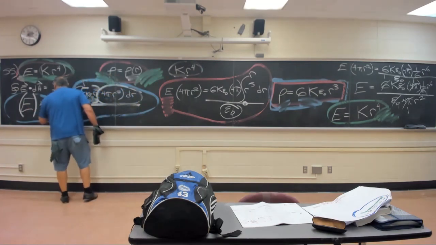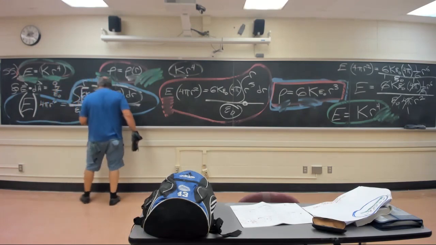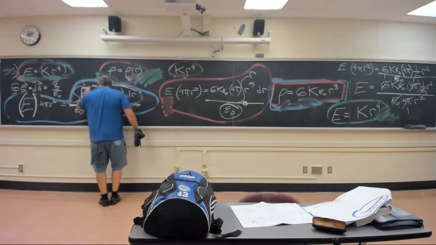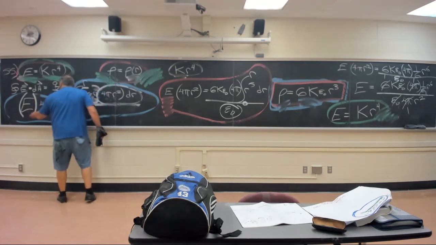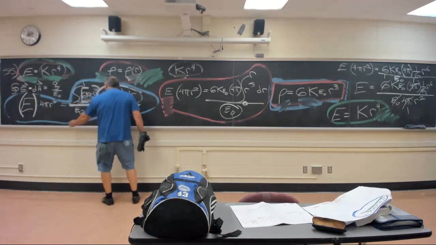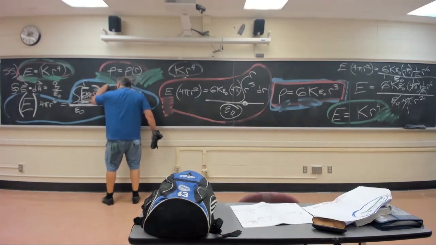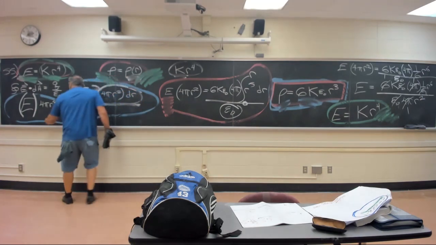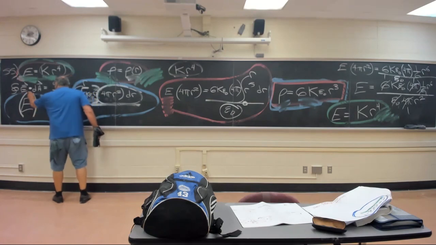The E field times the area that encloses the total charge under consideration is equal to the total charge divided by epsilon naught. Because of the symmetry of the situation, we did not have to use calculus here.